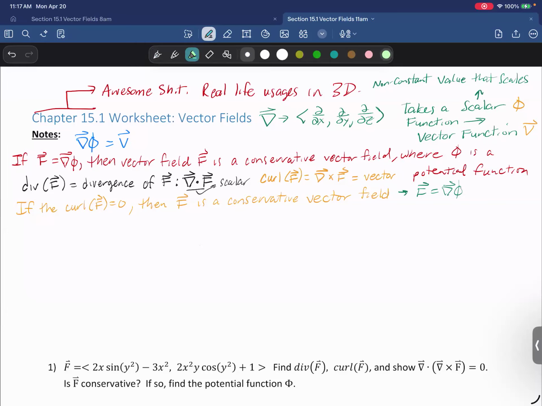So two new commands: div F and curl F. Del being an operator, it kind of looks weird to cross it with F. I know. It does feel weird. Life's weird, right?